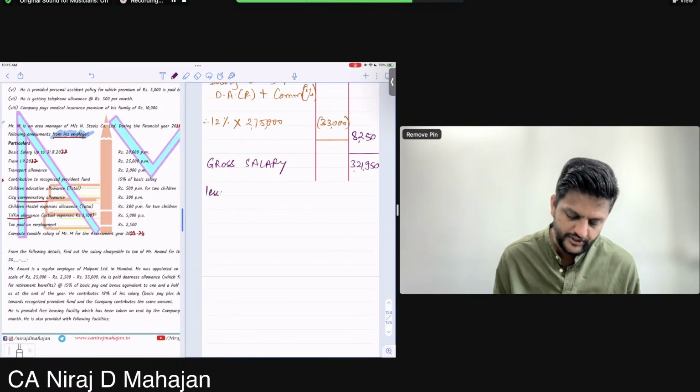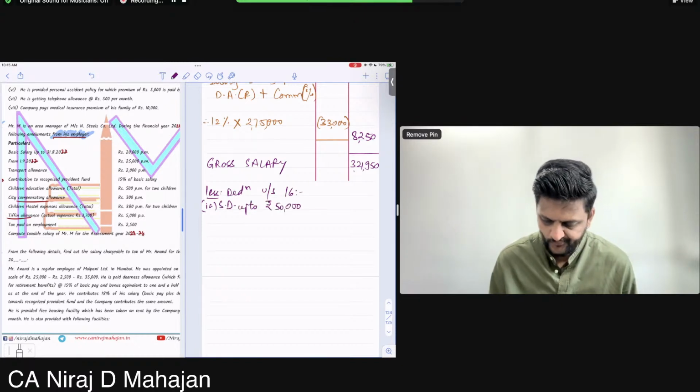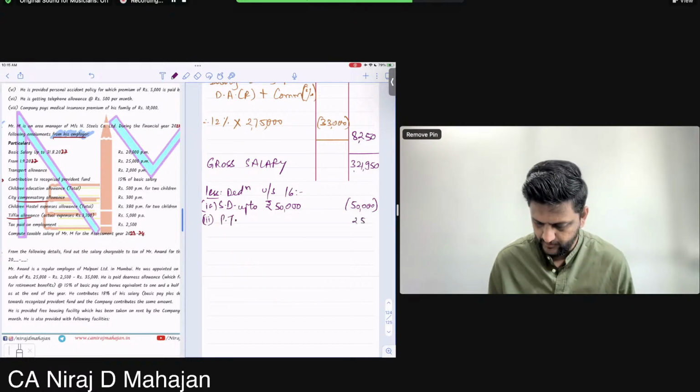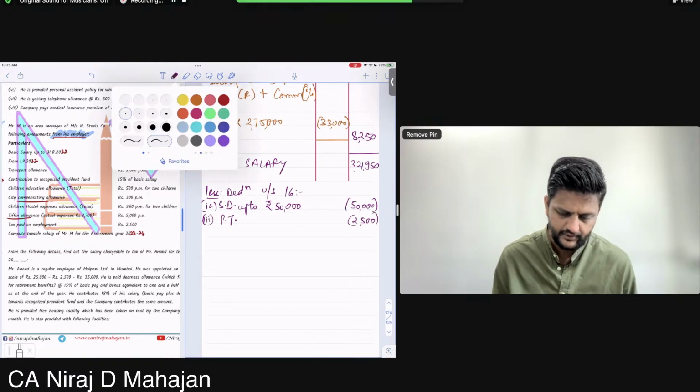Less. Now we'll have two reductions, hai na? Under section 16. 1A is standard deduction up to rupees 50,000. Okay. And 3, professional tax paid in his name, na? 2,500.